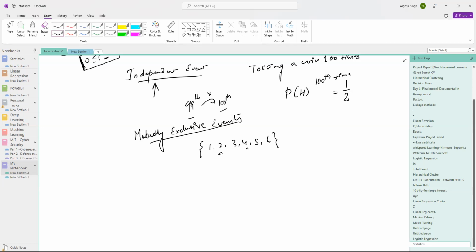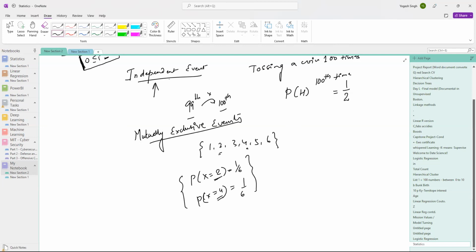Such types of events which cannot occur together are known as mutually exclusive events. The probability of getting x equal to 2 and of getting x equal to 4, individually, is 1/6. But I cannot say that 2 and 4 will occur together, and I cannot just sum them up or multiply them. Here 2 and 4 cannot occur together, and such types of events are known as mutually exclusive events.